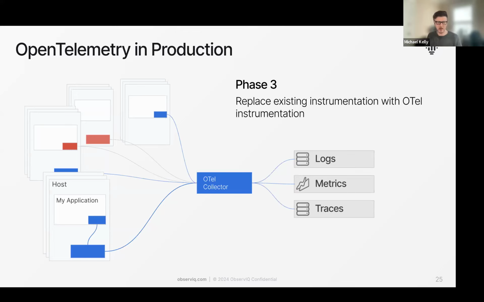There may be places where you don't want to touch an agent that's in place and working. And so you can just leave that alone, right? But the majority of these can be migrated over to OpenTelemetry. And then you've really achieved that unified pipeline that you're looking to achieve. And you have all the capabilities we talked about, the processing in place, and the flexibility going forward.